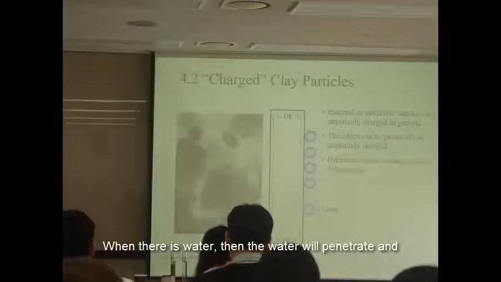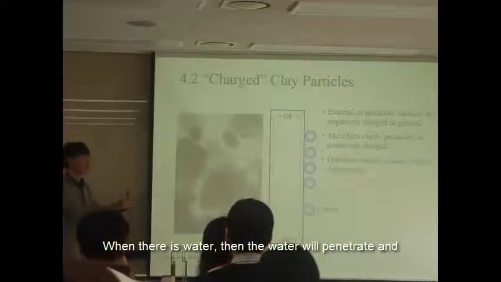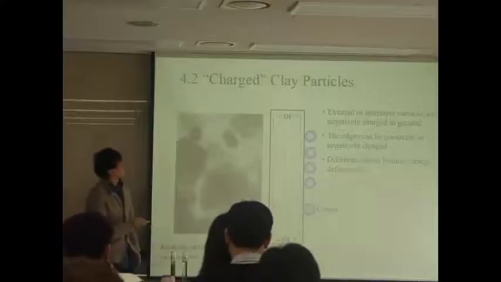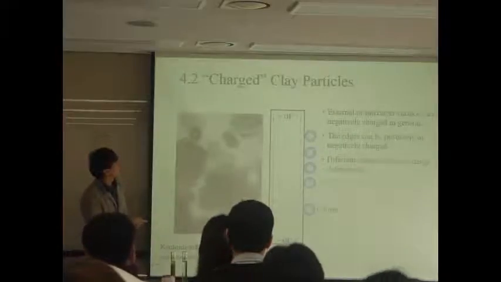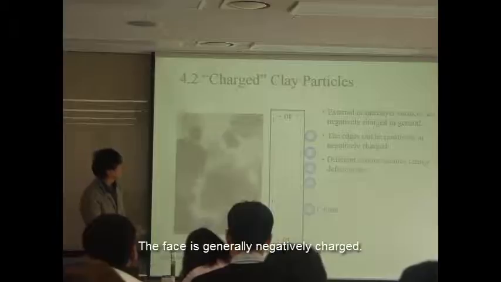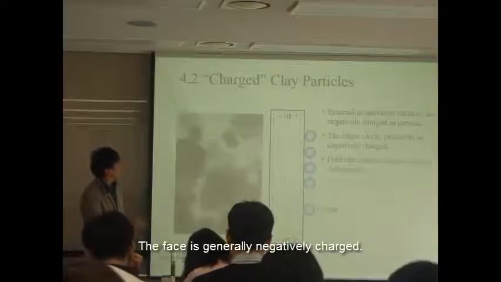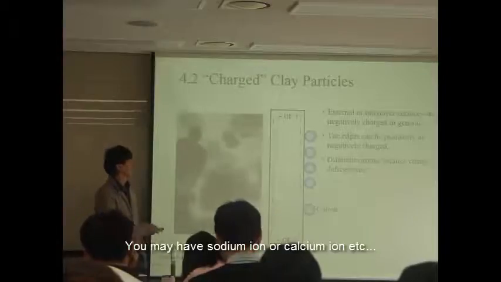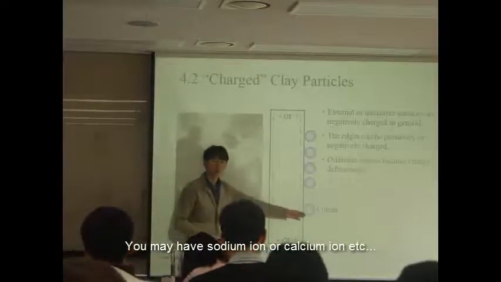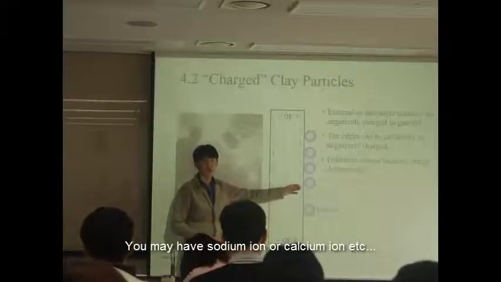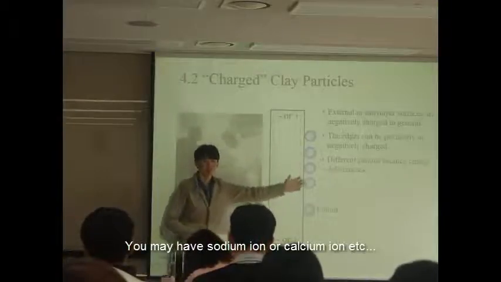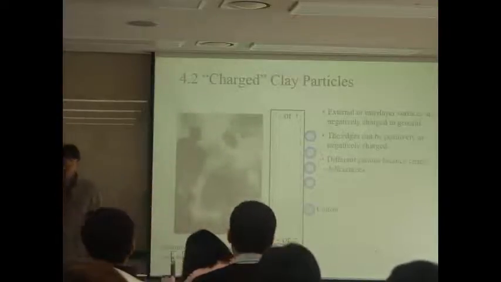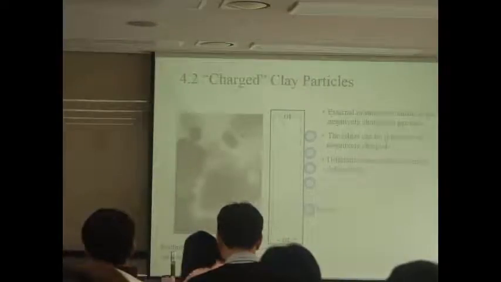It's like a sodium chloride solution in the water. So the edge can be positively or negatively charged, but the base is generally negatively charged. Different cations balance the charge deficiency. So you may have sodium ion or calcium or potassium or magnesium. These are the common ions that can be found in nature.